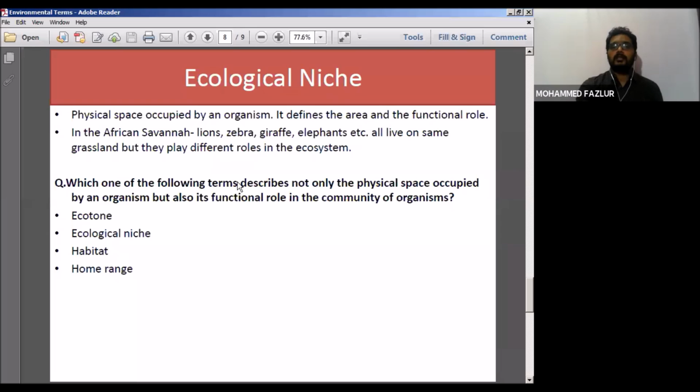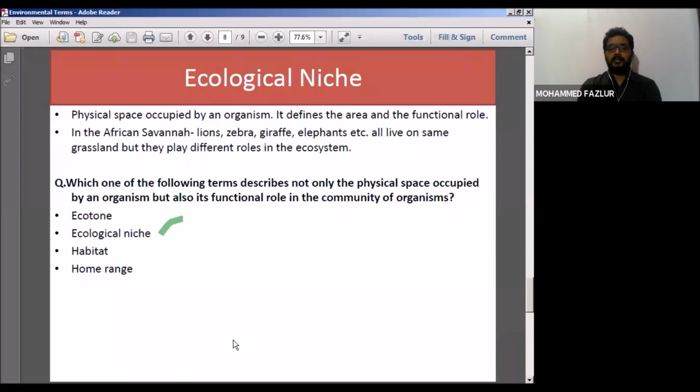Now, a 2013 preliminary question. I have posted one question here, that is the 2013 UPSC preliminary question: which one of the following terms describes not only the physical space occupied by an organism but also its functional role in the community of organisms?